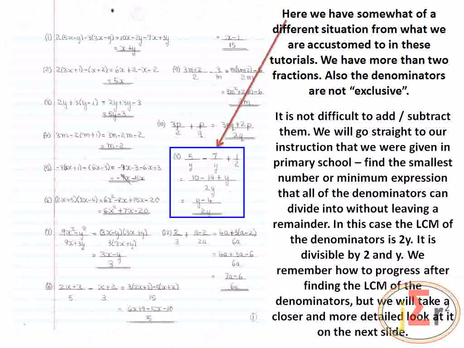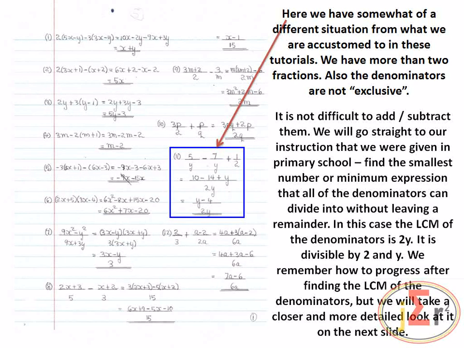In this case, the LCM of the denominators is 2y. It is divisible by 2 and it is divisible by y.